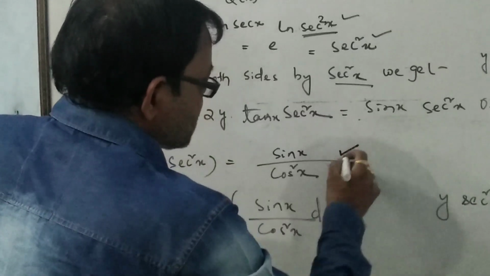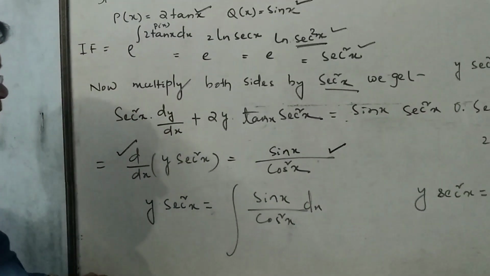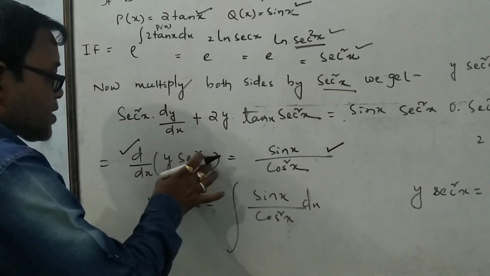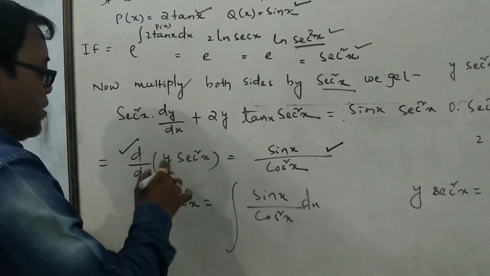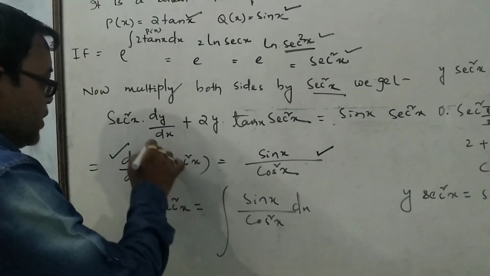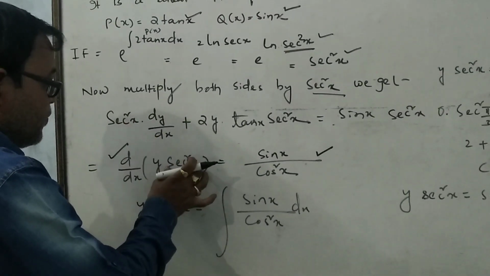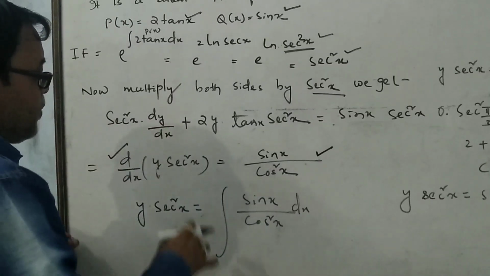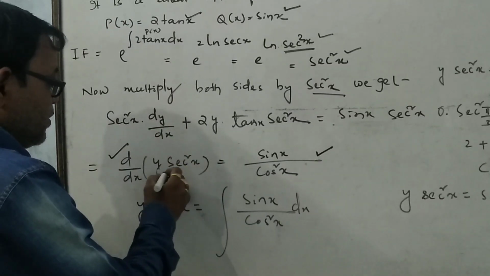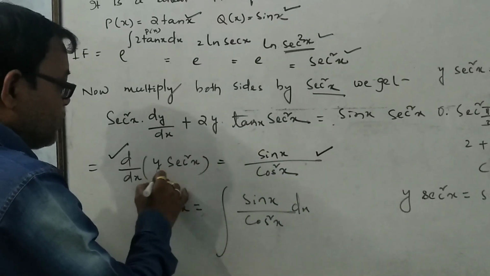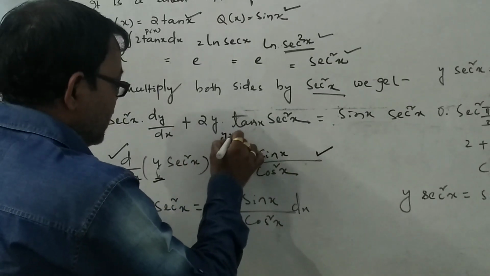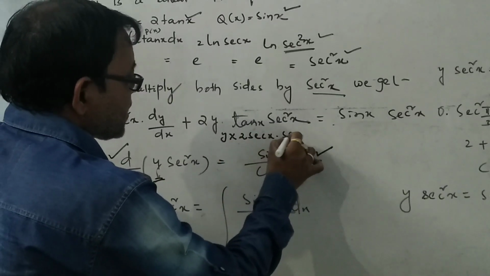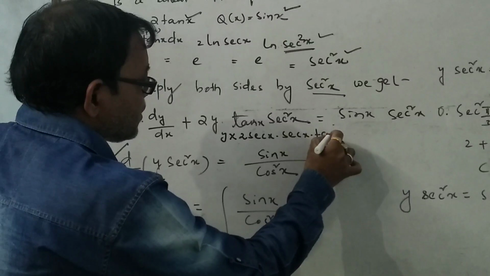Sec² x can be replaced as 1/cos² x. You see, this is y into sec² x, derivative or not? u into v: u into derivative of v plus v into derivative of u. y into derivative of u; derivative of sec² x is 2 sec x into sec x tan x.